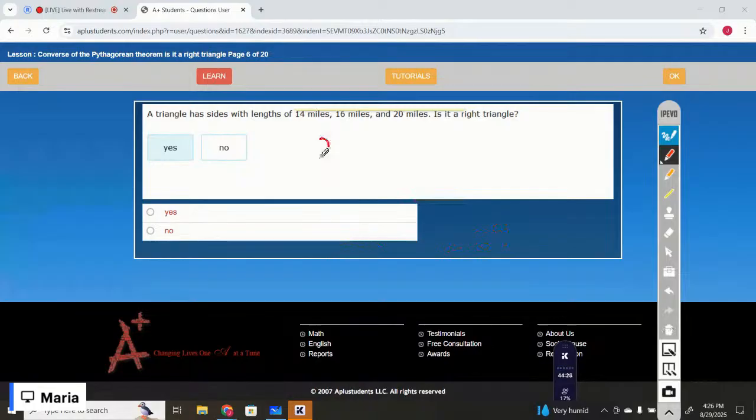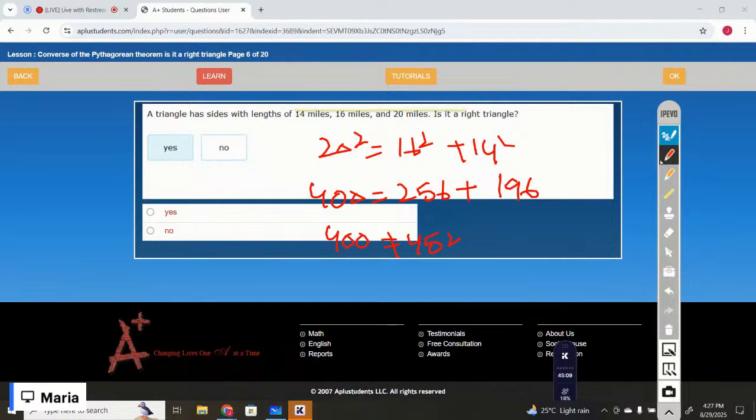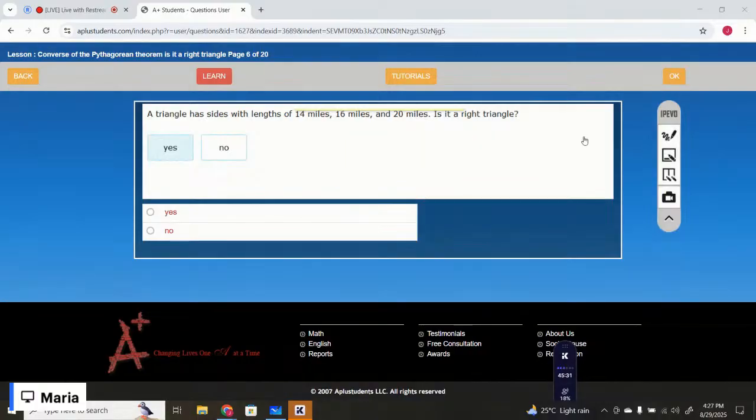That is 20 squared equals 16 squared plus 14 squared. 20 squared is 400, 16 squared is 256, 14 squared is 196. 256 plus 196 equals 452. So the correct option is no, this is not a right triangle.